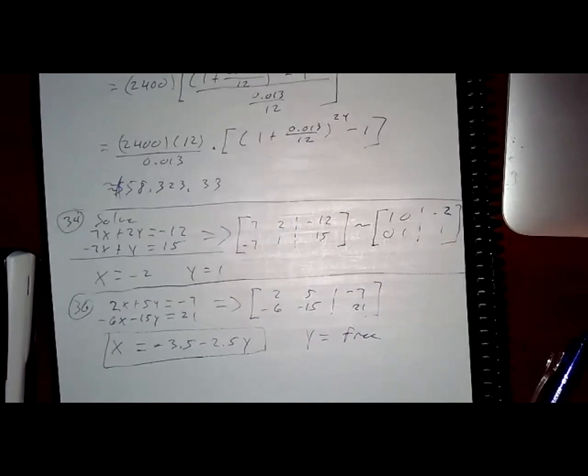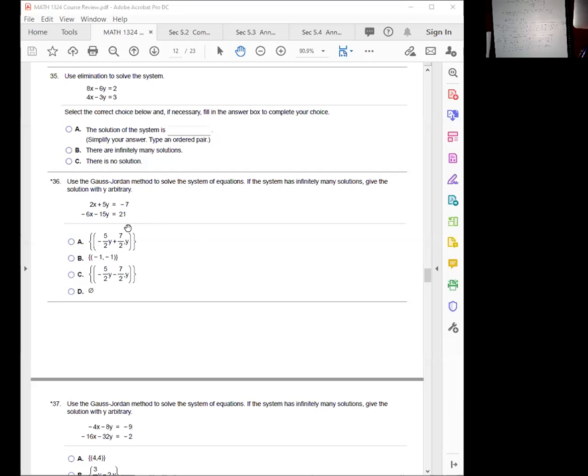Now, let's see the answer choices again. Oh, they have it in fractions. So I'm going to change that to fractions. 3.5 is technically what, as a fraction?